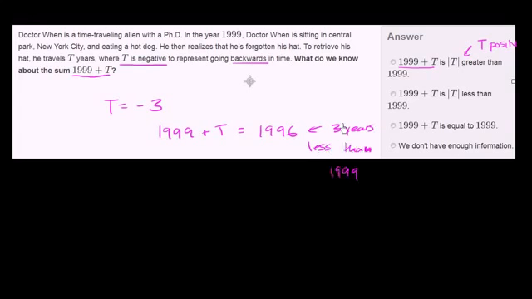And this 3 right over here, or we could write that 1996 is, instead of saying 3 years less than, the absolute value of negative 3 years less than 1999. So this one works out. 1999 plus T is going to be the absolute value, the absolute magnitude of that negative number T, less than 1999. So we could go with this right over here.